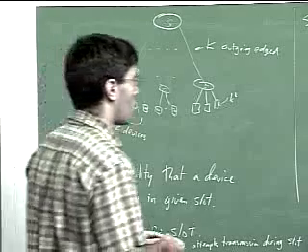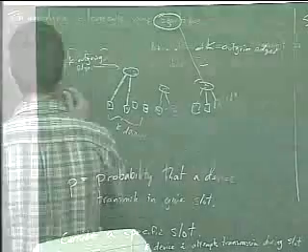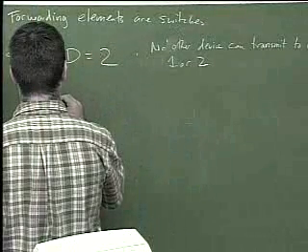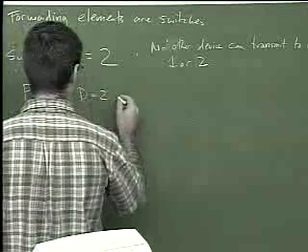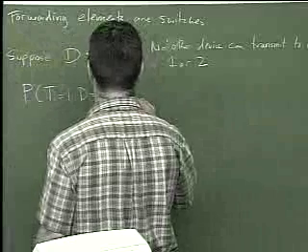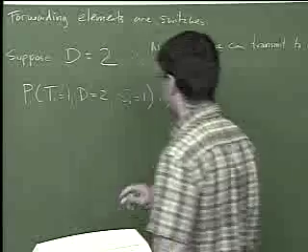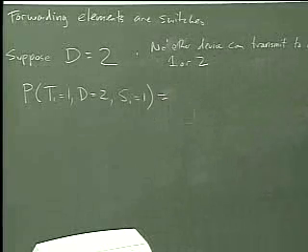Okay? So what is the probability that device 1 transmits, it's transmitting to device 2, and the transmission is successful? So what's that?